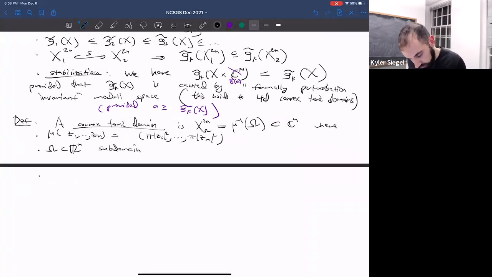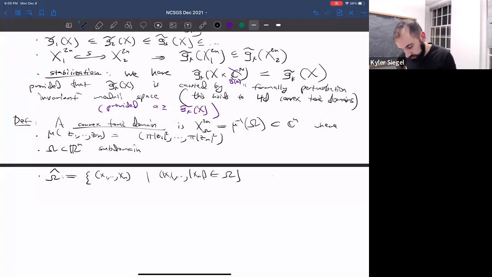And then, okay, we could talk about whether this condition is necessary or not, but for a convex toric domain, we assume also some convexity condition, which is that not only is omega convex, but it's convex even after you symmetrize it across the axes. If you look at a symmetrization of omega around the axes, we call that symmetrization omega hat, and this is still convex and compact.